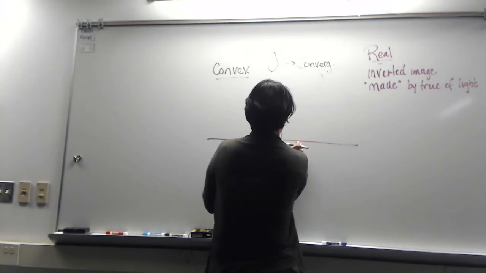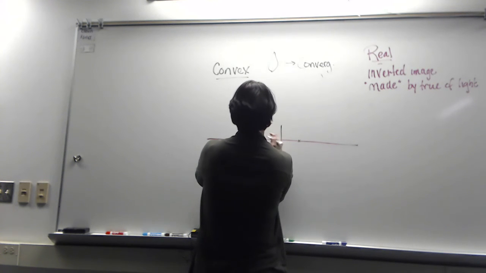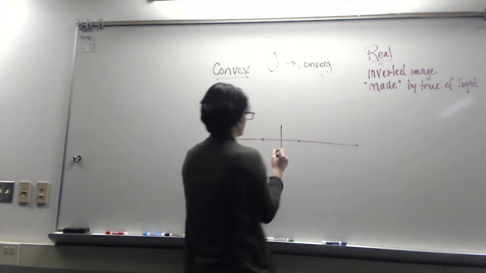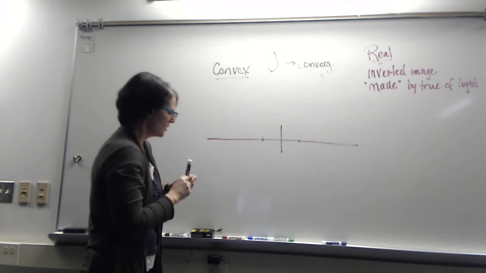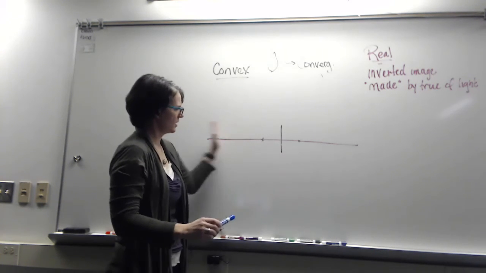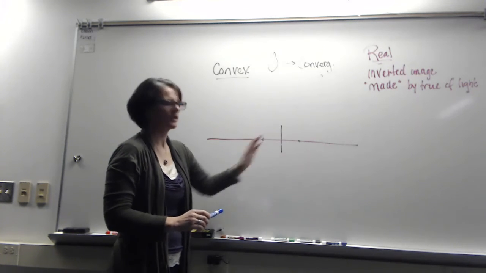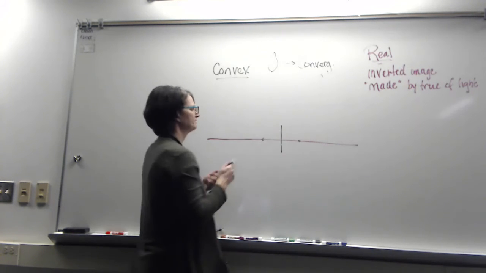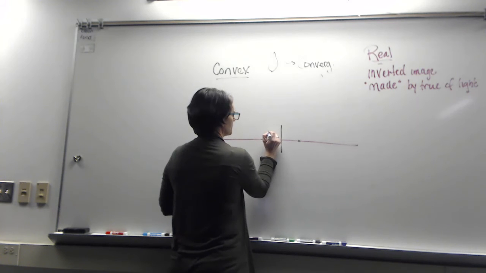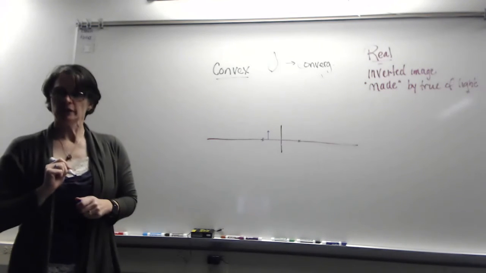And then I'm going to give myself a focal point. So it's one on each side. All right. We've already done ray diagramming on this side of the focal point. What happens if I go inside the focal point? What if I put my object here, really close to the lens?